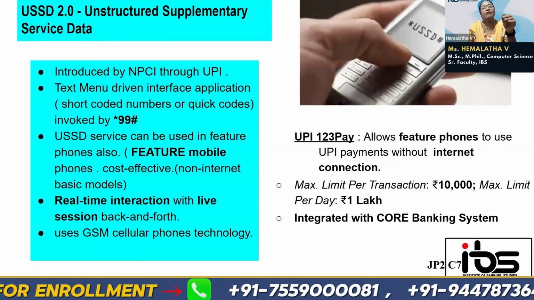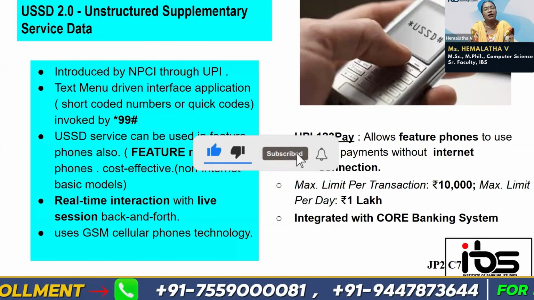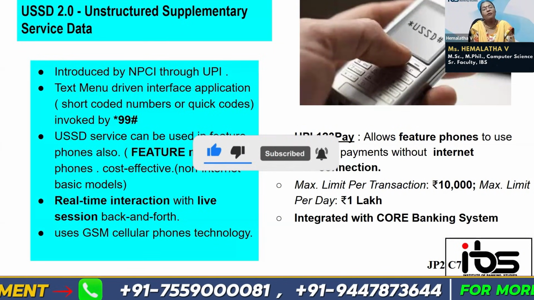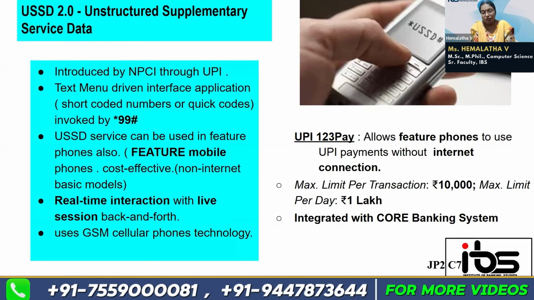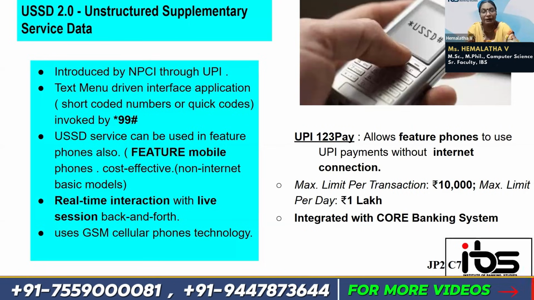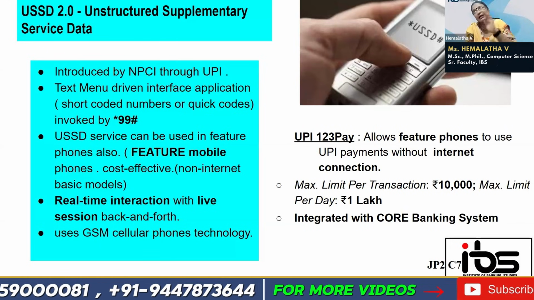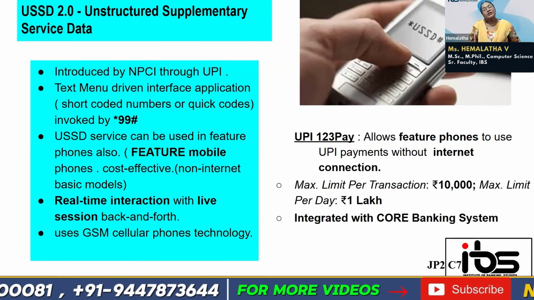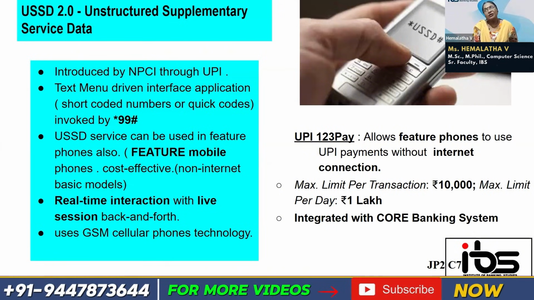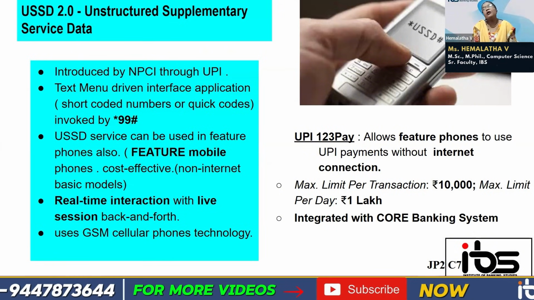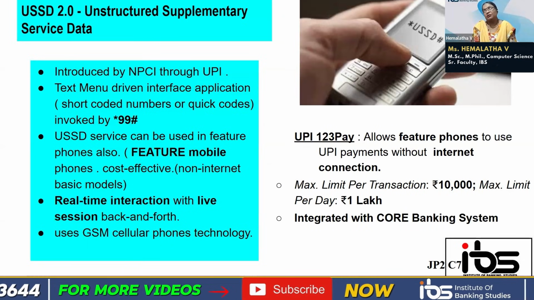This is one method: USSD 2.0. Kindly note the full form: unstructured supplementary service data. Now we all know UPI, the unified payment interface, introduced by NPCI. USSD, unstructured supplementary service data, is mainly meant for persons who do not have smartphones.